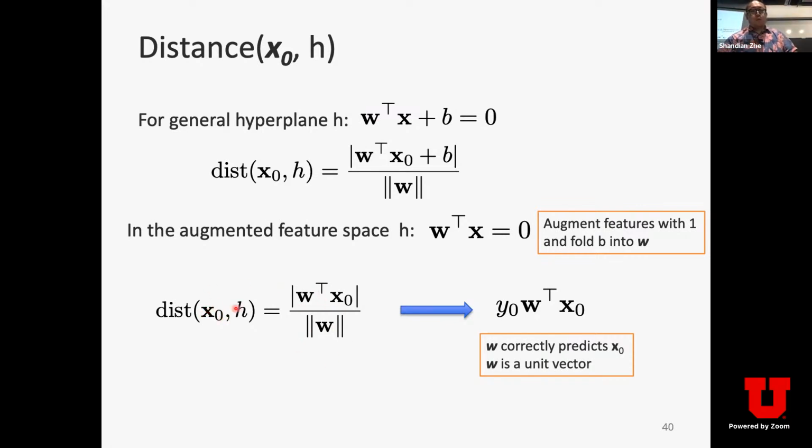And if we take h as a separating hyperplane or classification boundary that can correctly predict the label of x0, assuming it has a label, then we can represent the numerator by y0 times w transpose x0. This is always non-negative. Why can we replace this absolute value by just the label multiplied with the classification score?